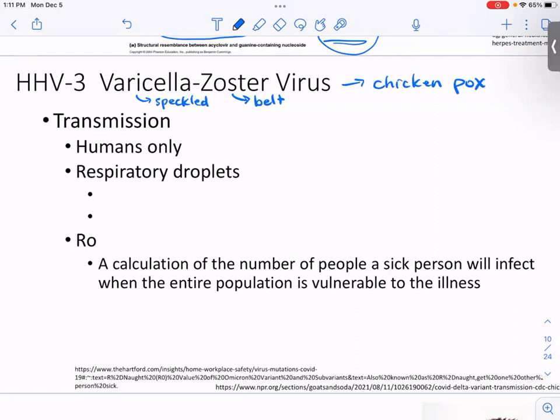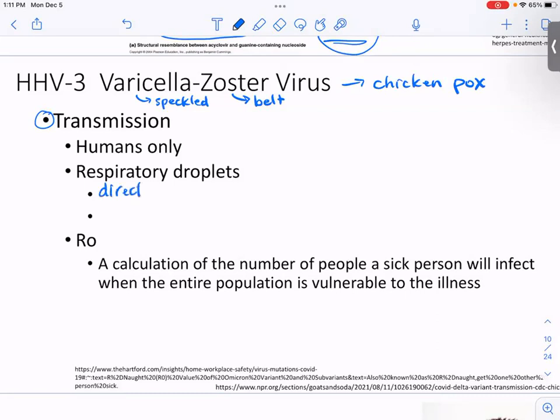So this is an infection that's not transmitted when you're near chickens. I think it reminded somebody of the rash that develops as what the skin of a plucked chicken looks like. Perhaps that's where it got its name. But this is an infection that we are passing around human to human. You have to be in direct contact.